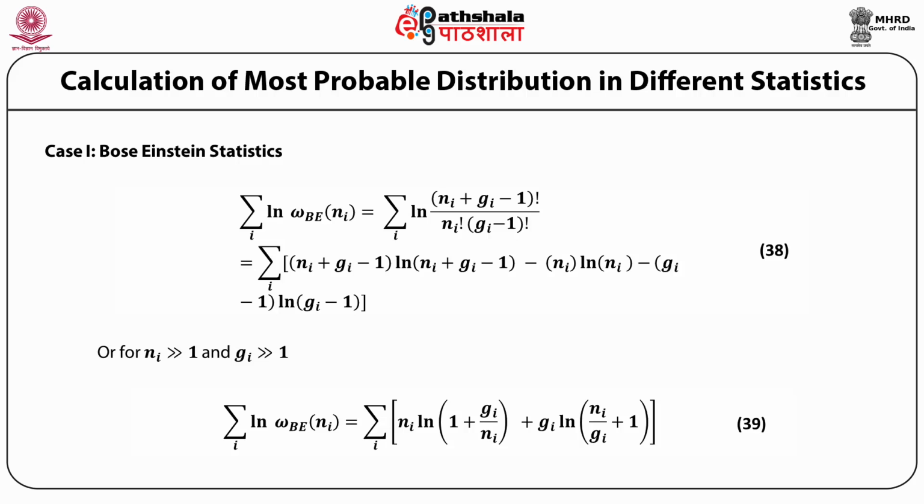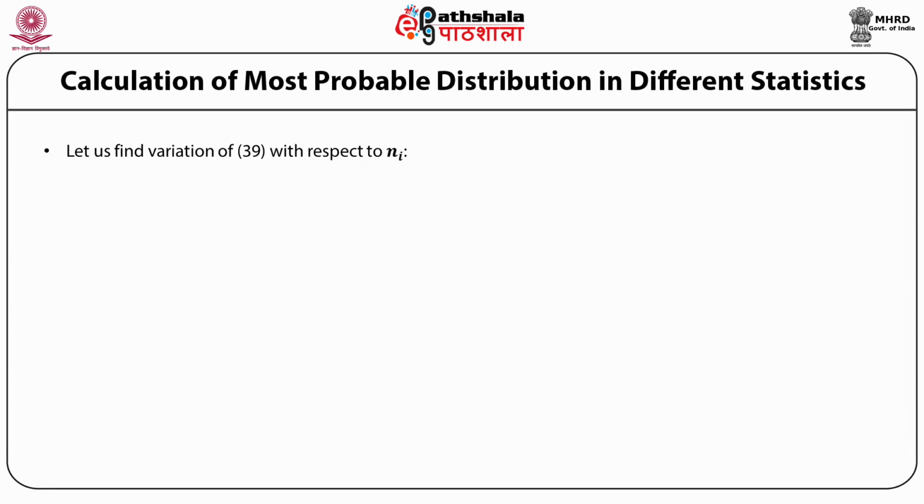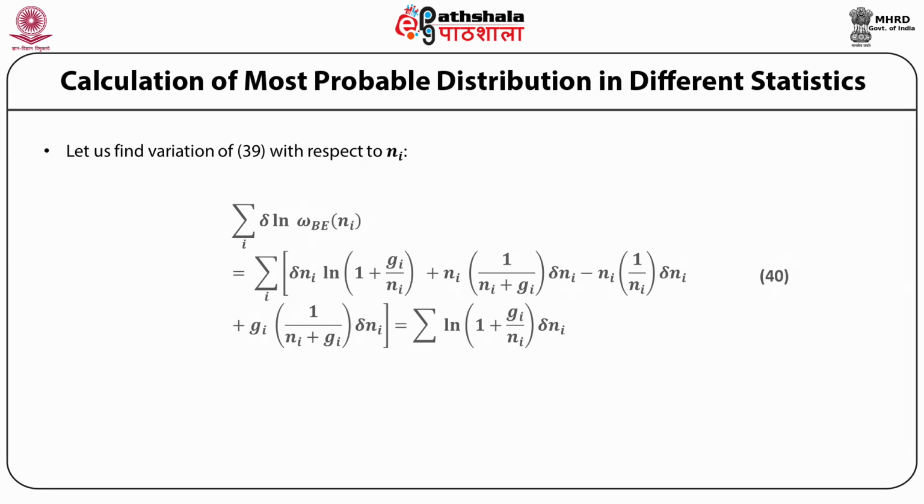Let us find the variation of 39 with respect to ni, that is, summation over i variation of log of omega as a function of ni.